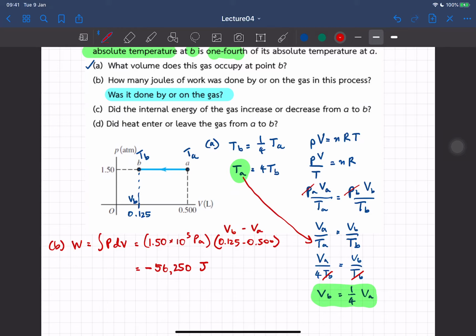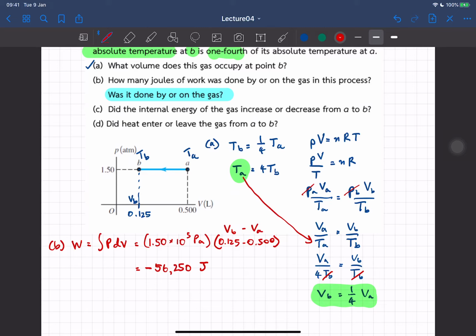Okay, but I mean you can either just calculate the way you feel like, and then you put the minus sign in the end, and then you say it's minus because the volume decreased. That's also okay, right? As long as you have a valid reason to put in a minus sign, that's totally okay with me. All right, so we have a minus sign which indicates that the volume shrinks.